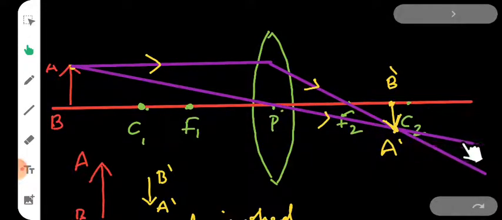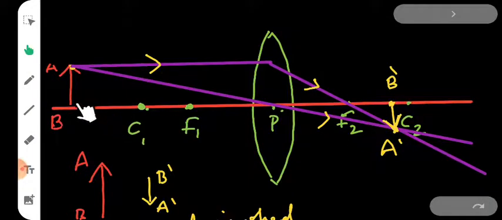So on the other side, look at the point where these two rays intersect, and it's over here. This is where the image of the point A will be formed, because these rays are coming from the point A. So this will be the image of A, and I'm going to call it A prime. A prime is the image of the point A.